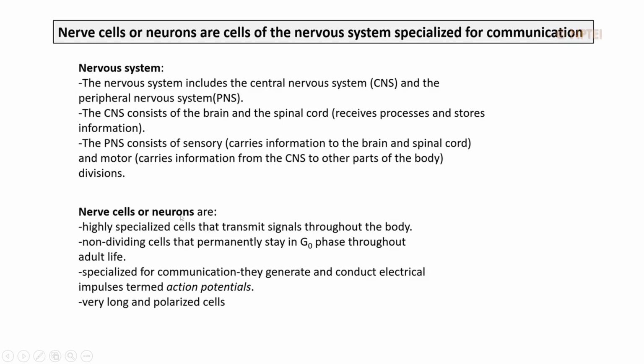There are two types of nervous system: the central nervous system and the peripheral nervous system. In the central nervous system, there are the brain and the spinal cord. The peripheral nervous system has a sensory part, which carries information to the brain and the spinal cord, and a motor part, which carries information from the spinal cord to the other parts of the body.